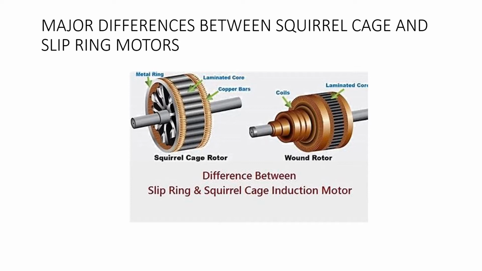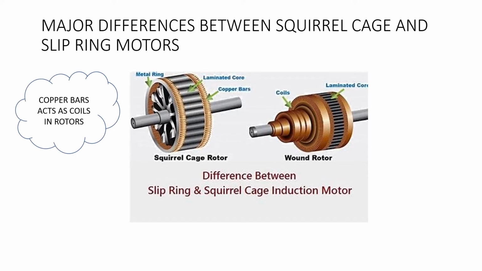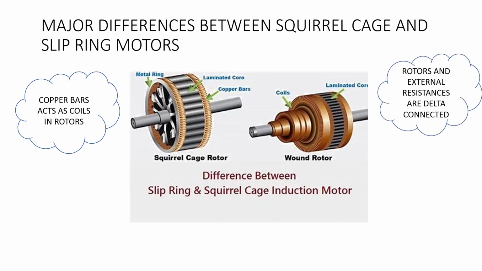However, the squirrel cage induction motor and slip ring induction motor have the same stator configuration, whereas in the squirrel cage induction motor, just the copper bars are insulated and act as the windings, whereas in the wound rotor motor the coils are insulated over the rotor, and the rotors and external resistances are delta connected.